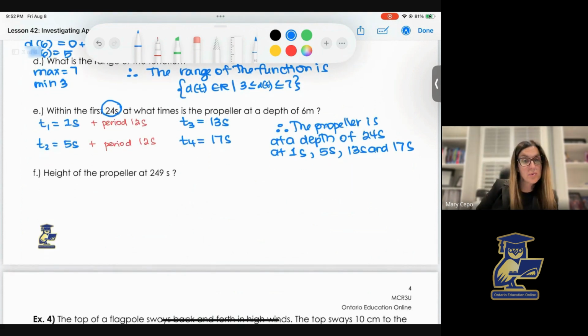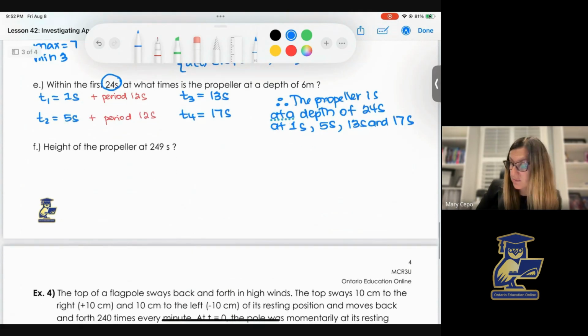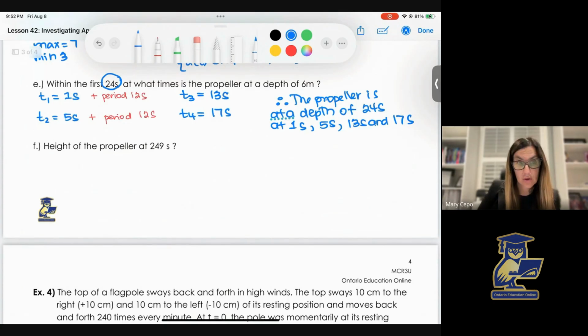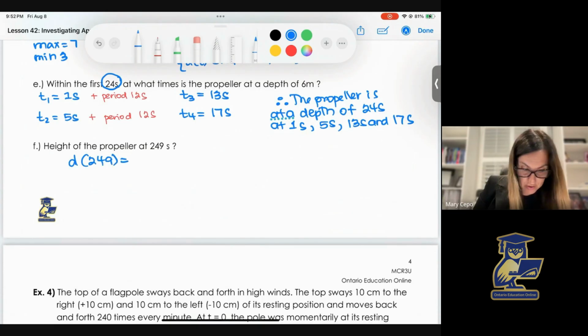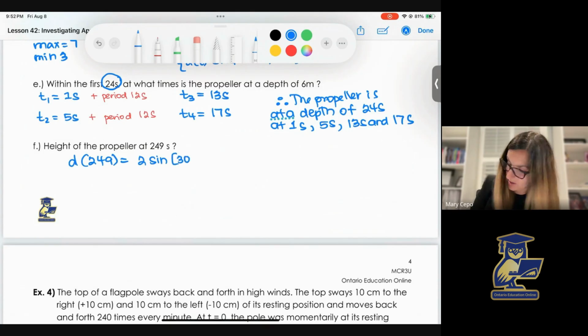Okay, height of the propeller at 249 seconds. Your best bet is to put that into the equation. So d at 249 would equal 2 sine 30 times t, so 30 times 249, plus 5.